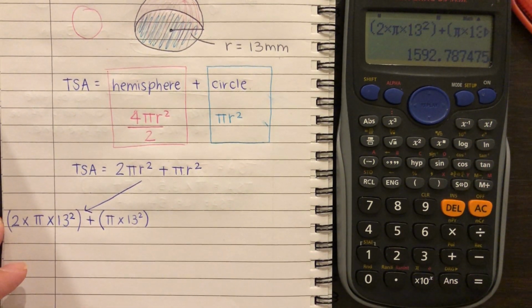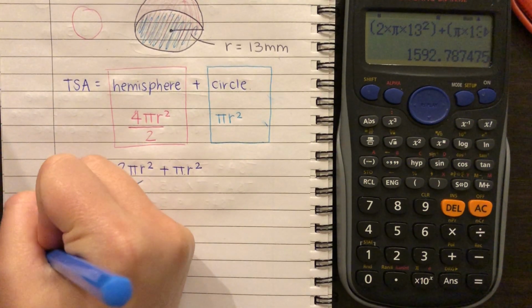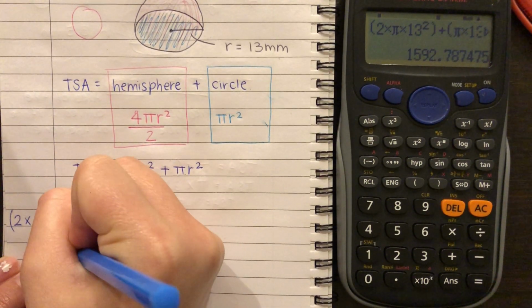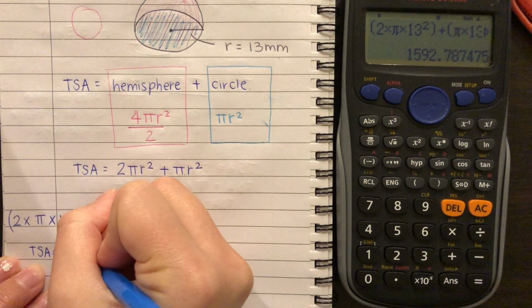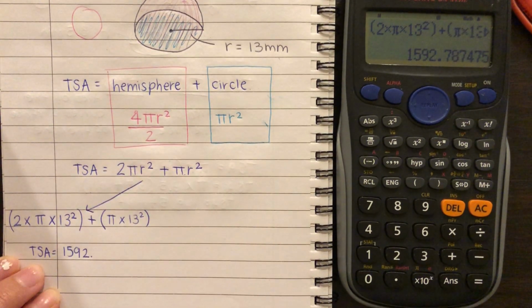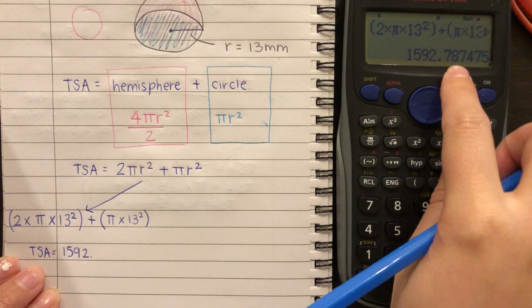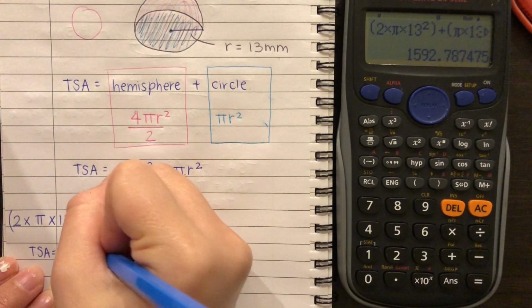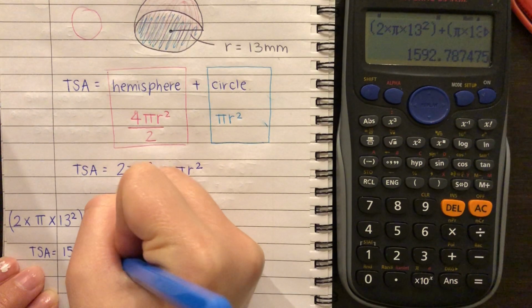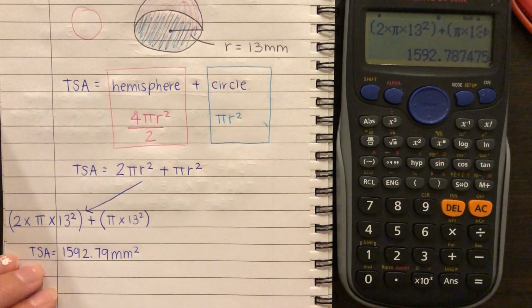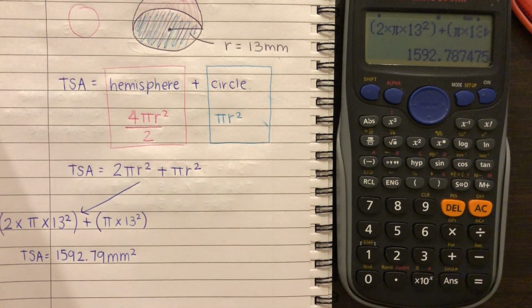And I get an answer of 1592 point, and to 2 decimal places it is 0.79 millimeters squared. That's one way you can do it.